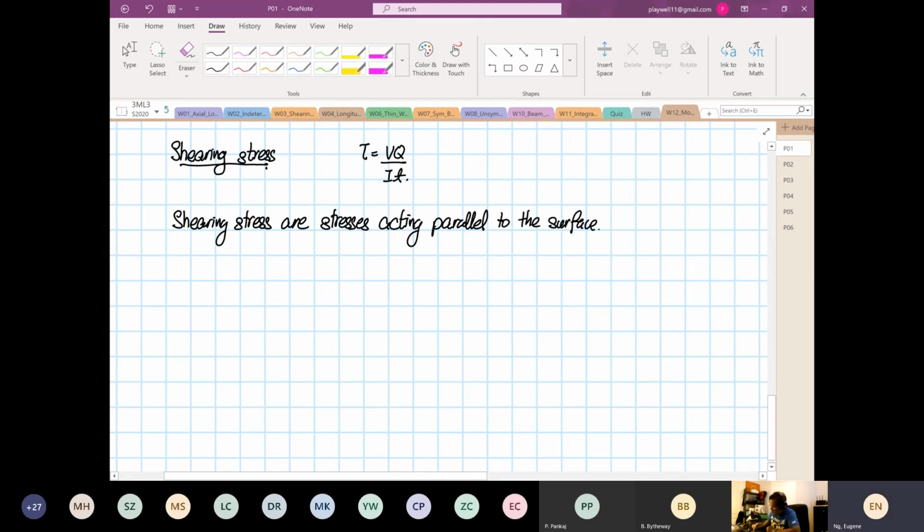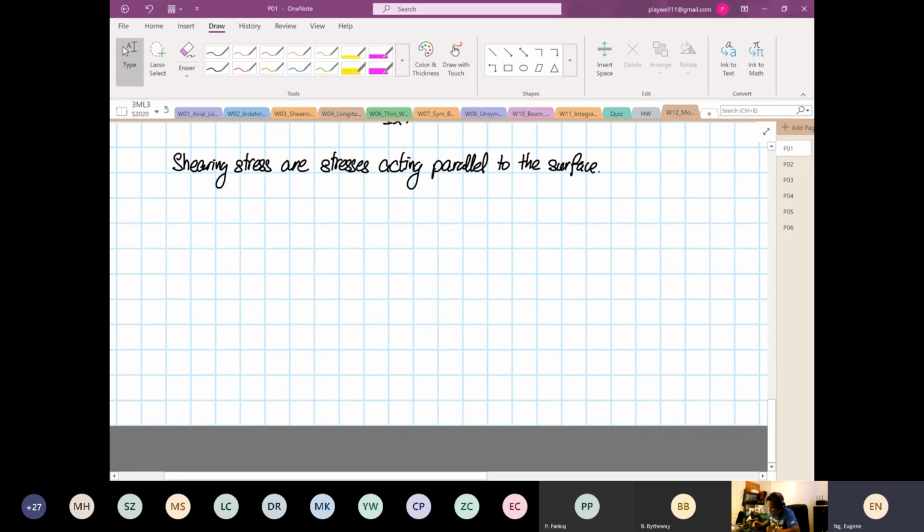They're acting parallel to the surface. So there are 2 configurations for shearing stress. We have positive shear.